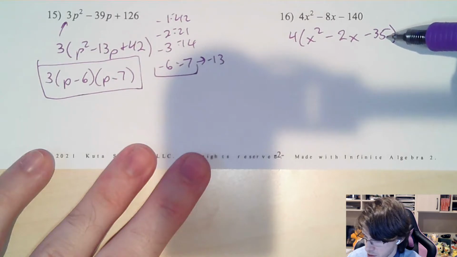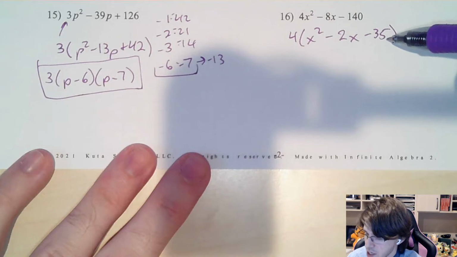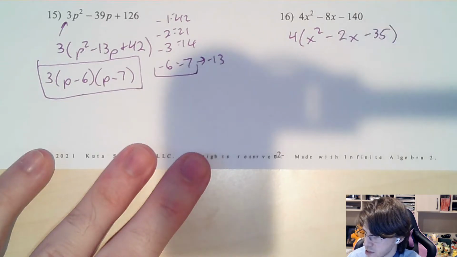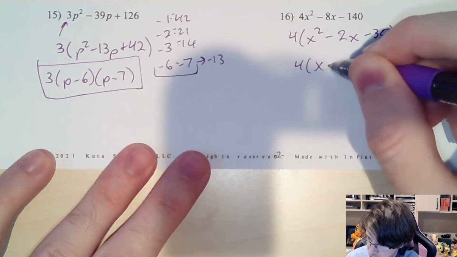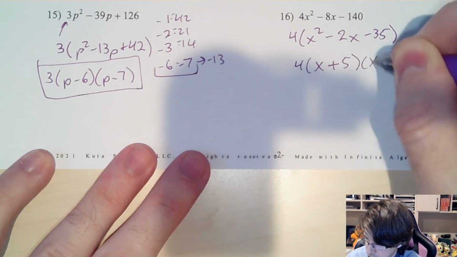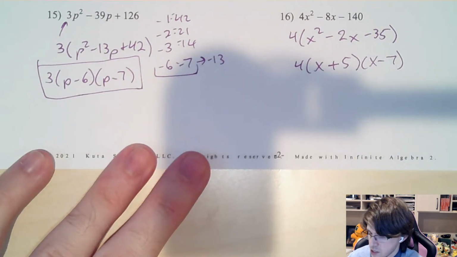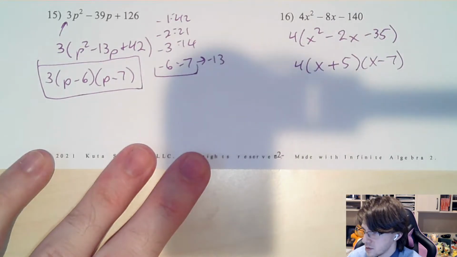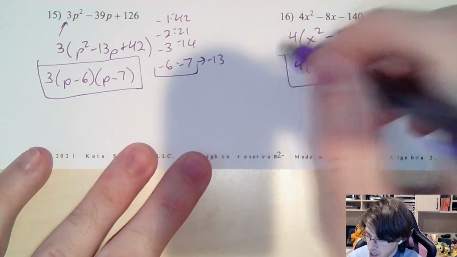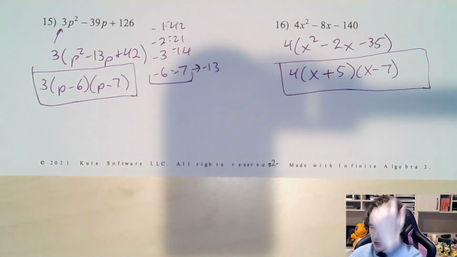The only things that multiply to 35 are 1 and 35 and 5 and 7. Nothing else works. So because of that, we kind of know it's 5 and 7 because they're 2 apart. So we have x plus 5, x minus 7. So that's kind of the faster way of doing that one. Again, you could have done all this stuff off to the side. Nothing wrong with that. But I encourage less work if possible for all situations.